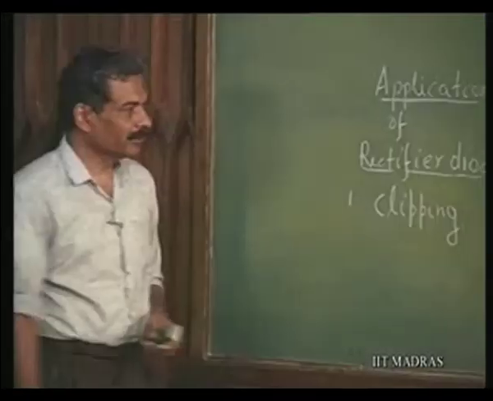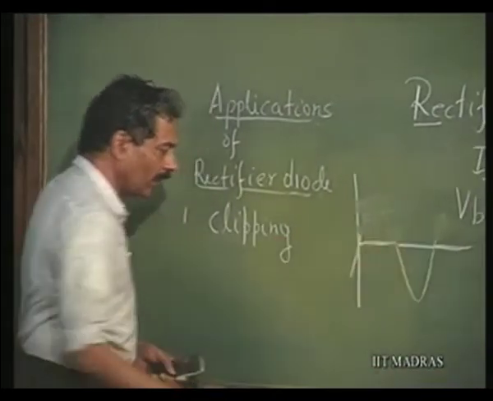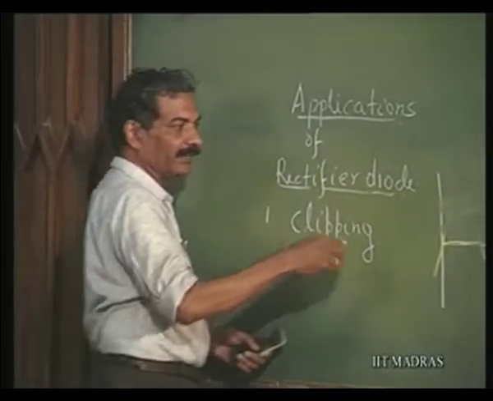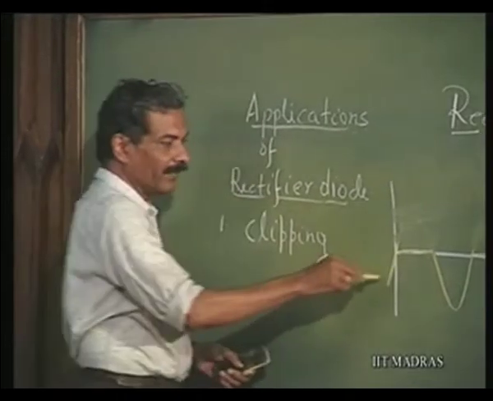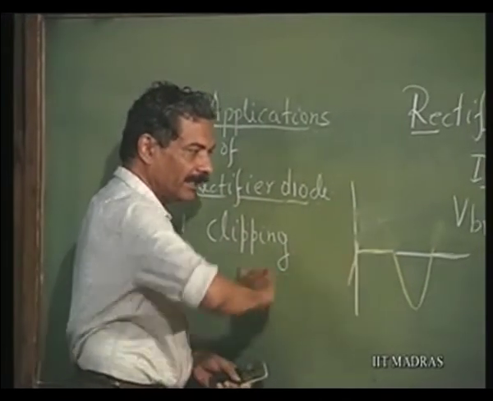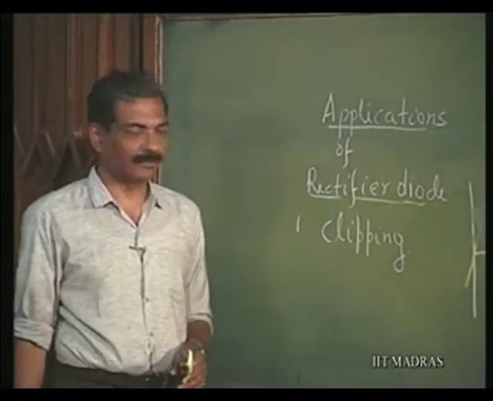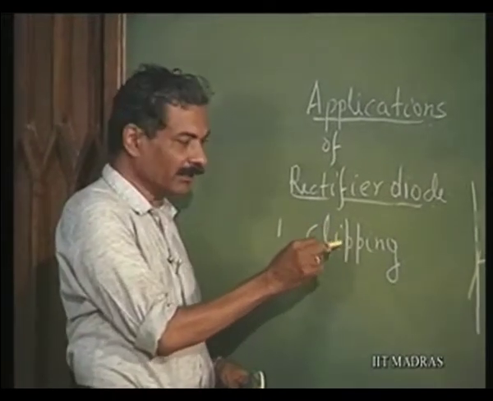Simply cut that portion, remove it. So, a special case of this is called rectification. That is why it is called rectifier diode, half wave rectification. From a full wave I can chop off one half and get half wave rectification. So, rectifier is a special application of clipping.